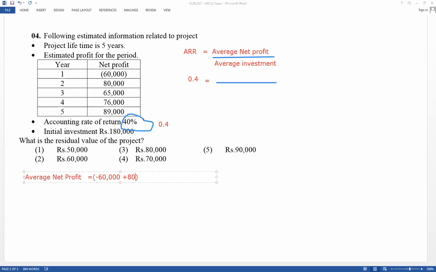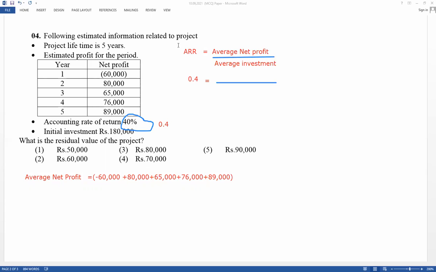Then the given plus value 80,000, again plus 65,000, plus 76,000, and plus 89,000, divided by number of years. Therefore, this is the total net profit divided by number of years equals average net profit.